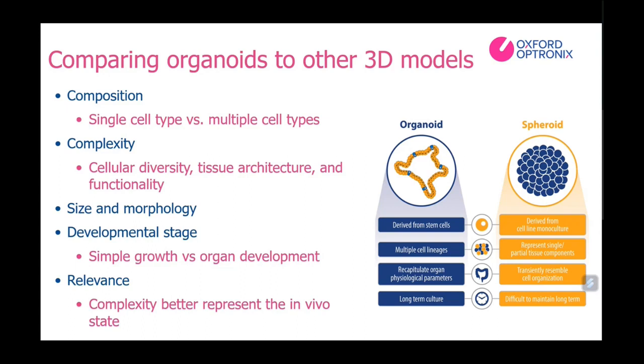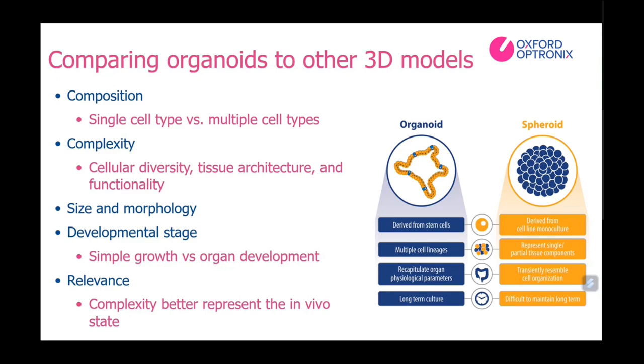Complexity: organoids are more complex structures that can recapitulate the cellular diversity, tissue architecture, and functionality of an organ, including presence of multiple cell types and tissue organization similar to the in vivo organ. In contrast, colonies and spheroids are far simpler structures that typically lack the same complexity and tissue organization.